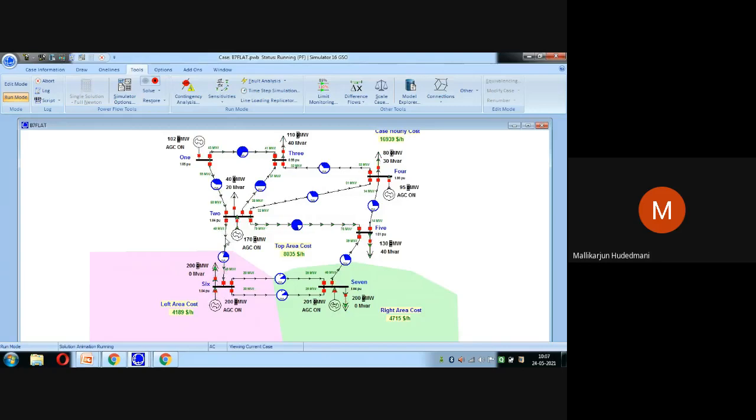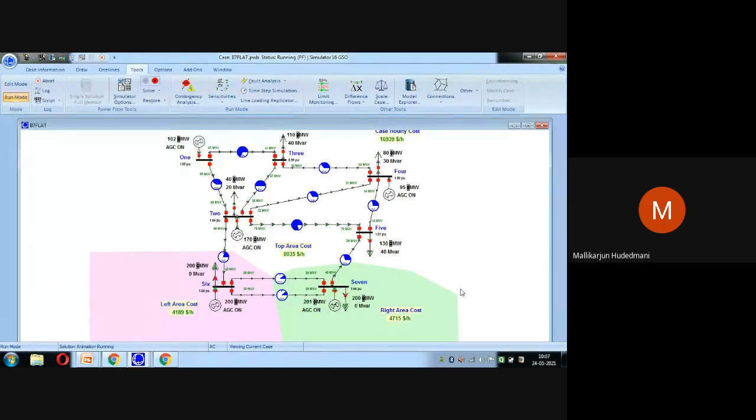There is a flow of arrows here; you can see the arrow simulation. Between the green area and the white area there is a flow of power, and between pink and green there is a flow of power by double circuit. This shows a small simulation effort. The generators in each area are trying to cope and meet their area requirement.